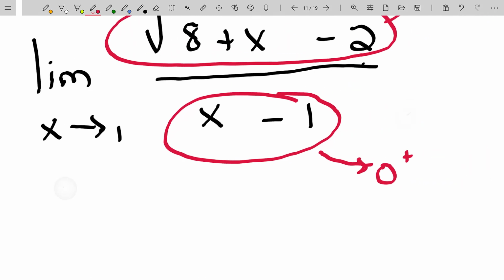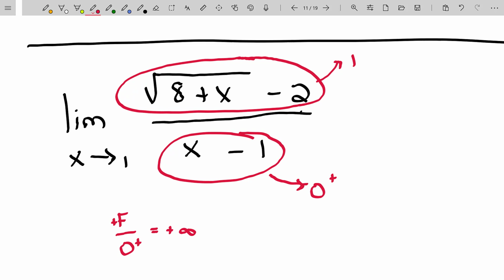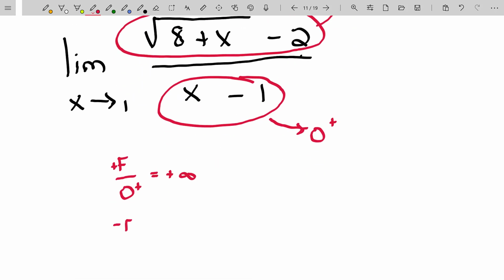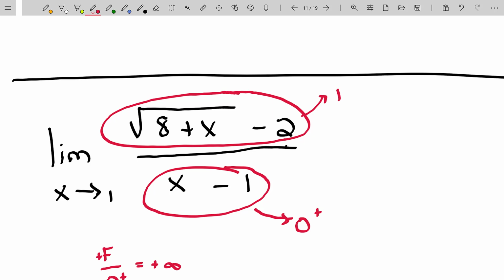And in that case, you would have 1 over 0 positive, and you know that's going to be positive infinity, because a finite positive number over basically 0 from the positive side is going to be positive infinity. If it was a negative finite number over 0, again from the positive side, it would be negative infinity. But it's not negative finite.